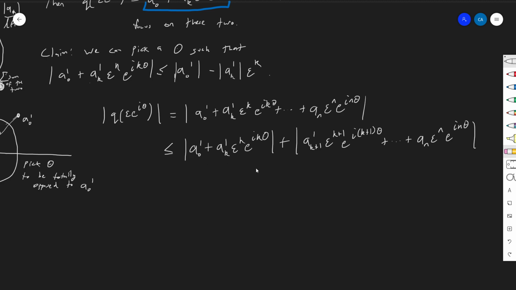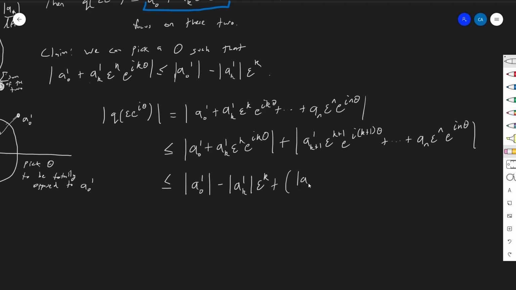And of course, I can replace this thing in brackets with the thing I just wrote here, and I will. But before I do that, I'm also going to use the triangle inequality one more time on this term here, so break up those terms. This is less than or equal to, both of these terms I'm going to replace with something less than or equal to them. I'm going to say less than or equal to the thing that I argued earlier, a sub 0 prime minus, brackets around it, minus a sub k prime epsilon to the k, plus, and then I'll put brackets here.